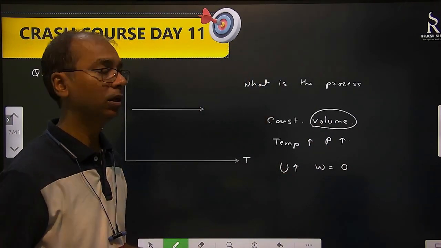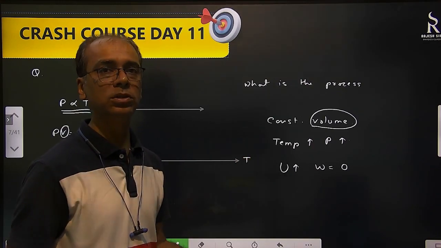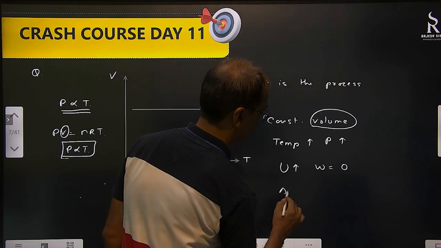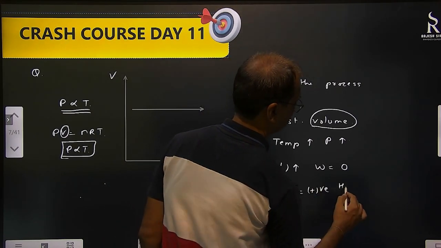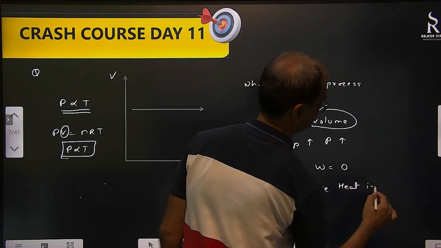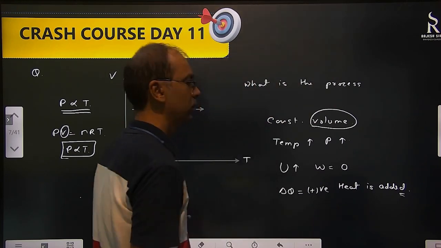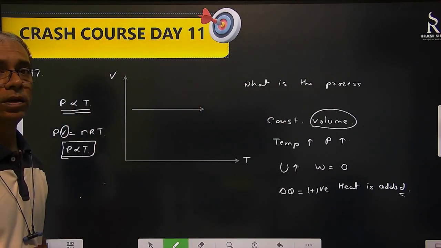If the final internal energy is increasing, it means you have given heat. Q is added. Delta Q is positive. Heat is added. So this is how we can conclude this graph also.